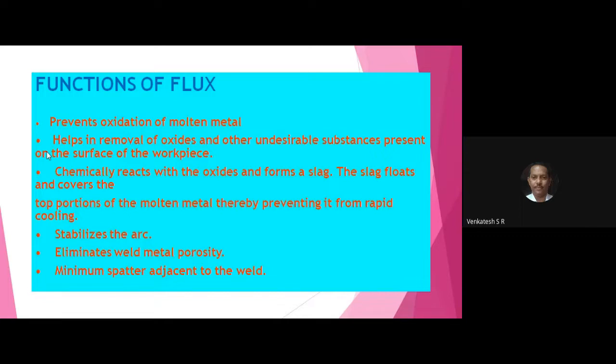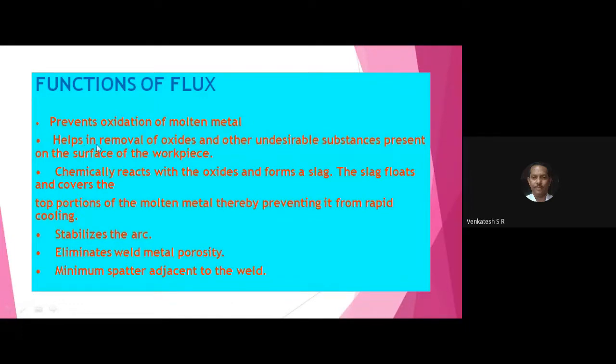See, after the solidification process, after cooling of the joint, the slag present on the joint is removed by chipping with a chipping hammer. So usually they use a chipping hammer to remove the slag on the joint. Next line, number 3.